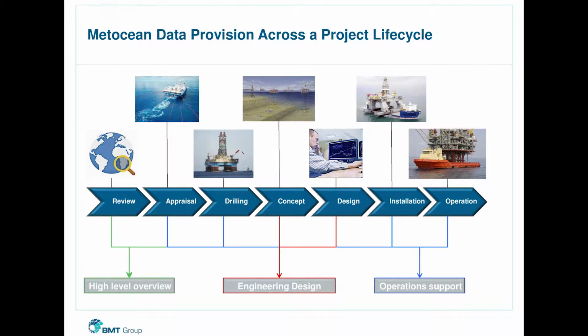And this is a schematic that shows the whole evolution of an offshore oil and gas project. So in the very early stages, offshore concession blocks are licensed by oil companies, and they then have to make an economic decision as to whether they're going to start to evaluate whether there's a resource there.